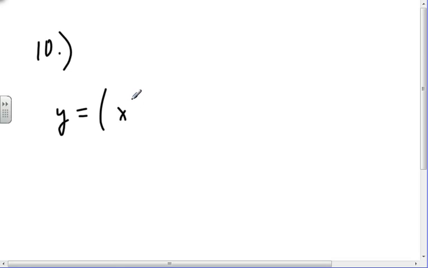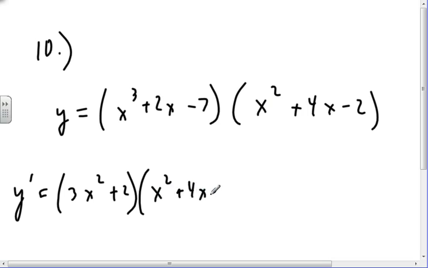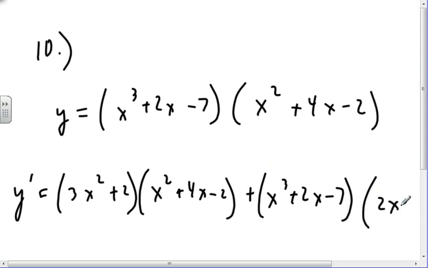Is it really x cubed? x cubed plus 2x minus 7, x squared plus 4x minus 2. y prime equals 3x squared plus 2, x squared plus 4x minus 2, plus x cubed plus 2x minus 7, 2x plus 4. Much better. Okay, good enough. 14.